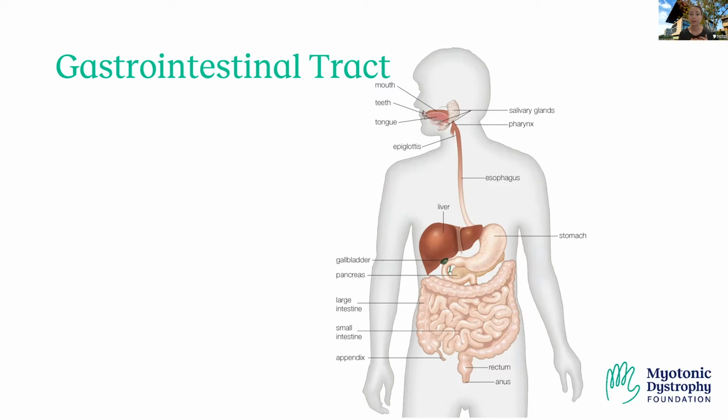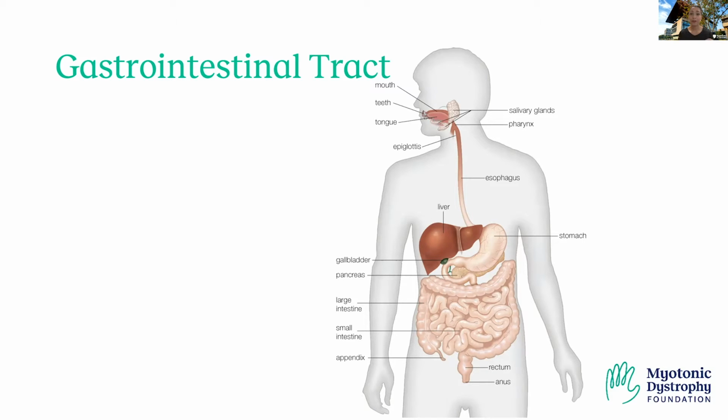The small bowel is a very long organ, 20 to 30 feet long. Through its surface, the food, minerals, vitamins, all the nutrients and water get absorbed into the body. This is where the majority of the absorption of food and nutrients happens.